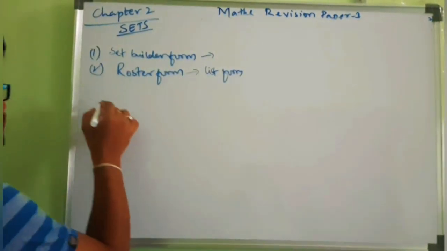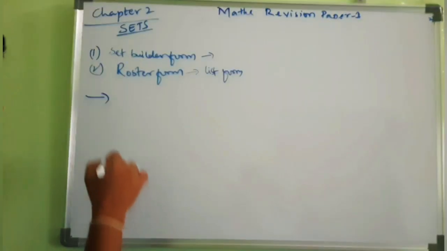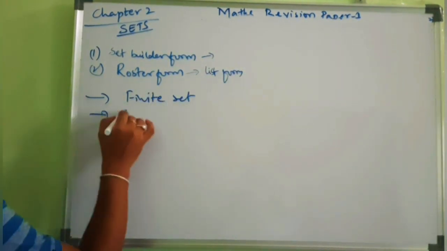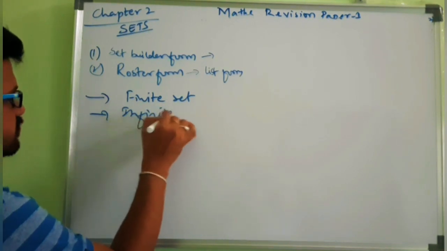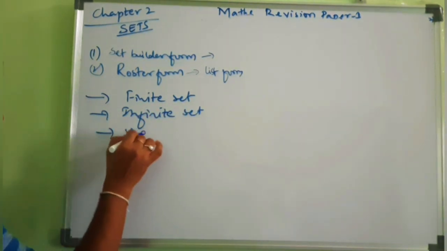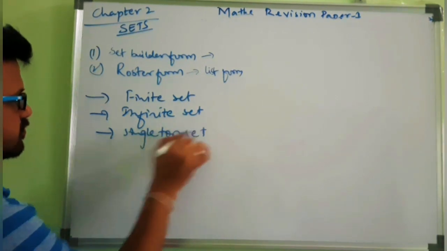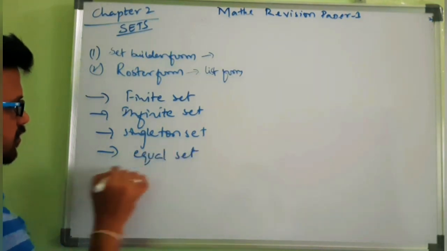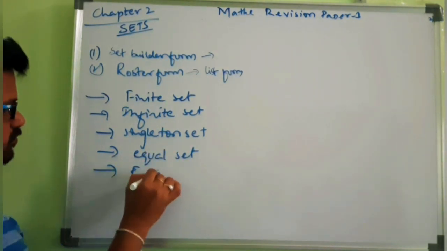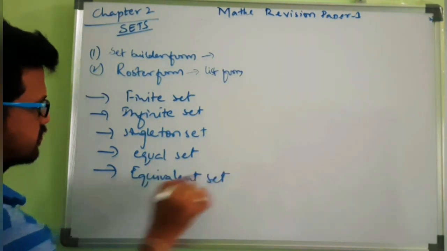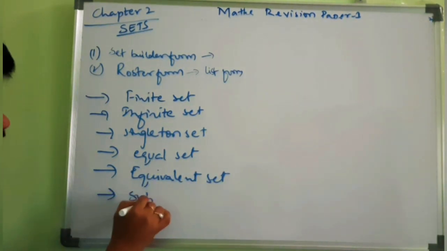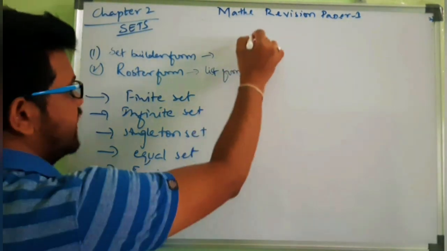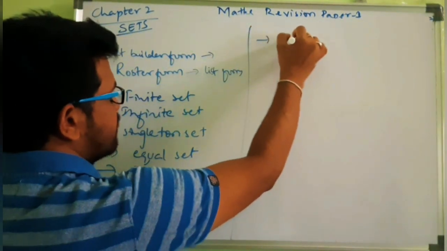And next concept is types of sets. Different types of sets are there, that is finite set, infinite set, singleton set, equal set, equivalent set, and subset, power set, and next cardinal number.